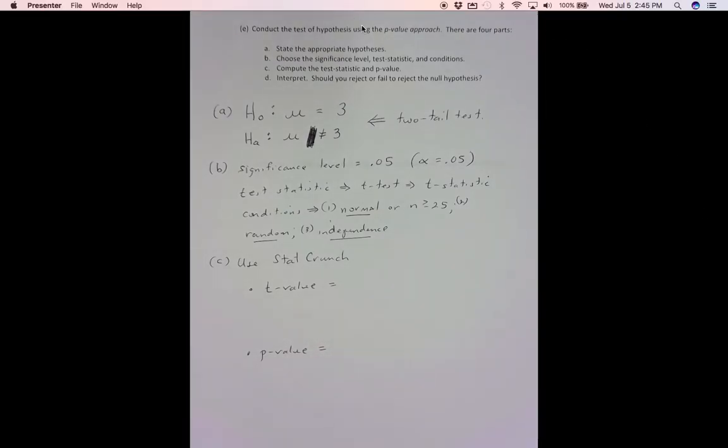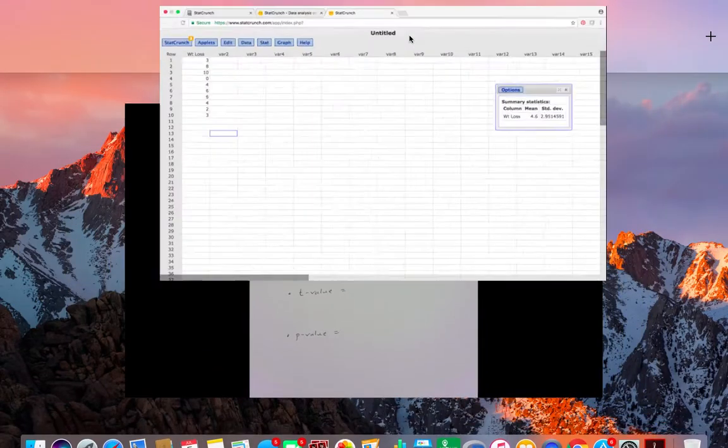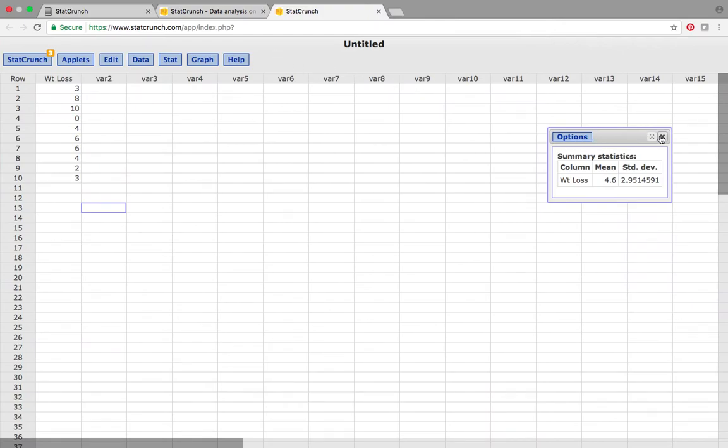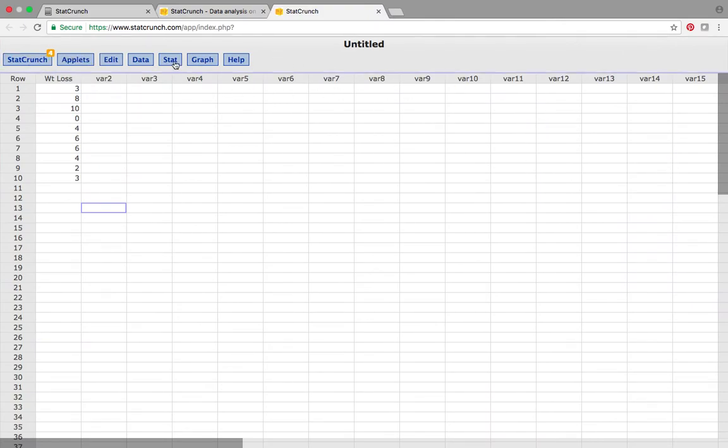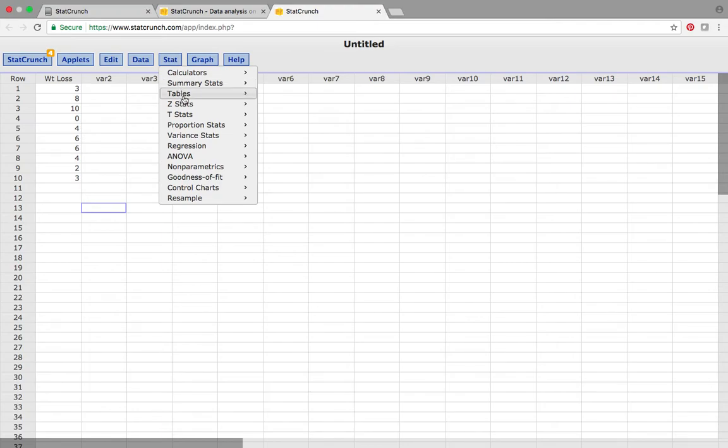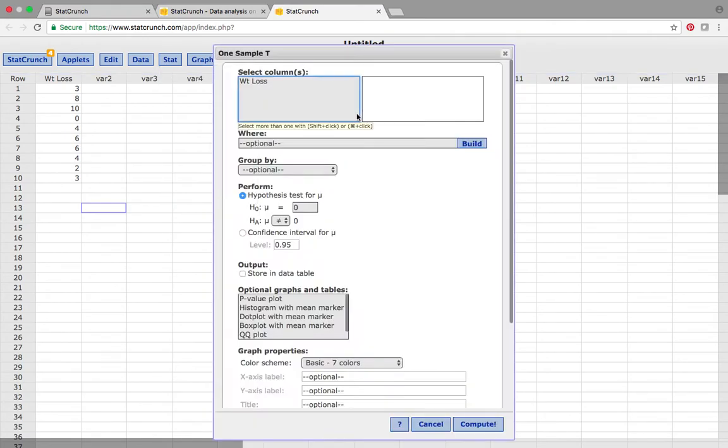So guys, I'm going to go over here, and I'm going to go to Stat, T-Stats, one sample with data. So I've got my data in weight loss. I want a hypothesis test for mu. I want mu equal to 3.